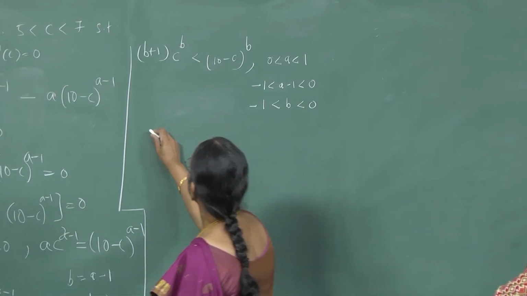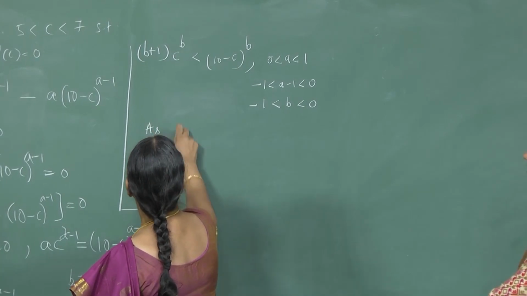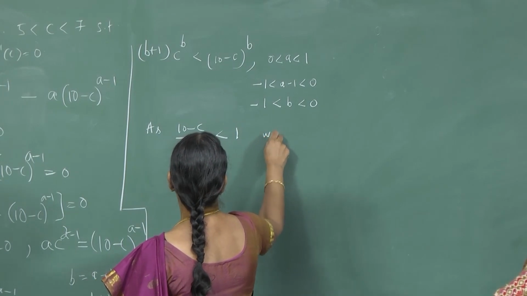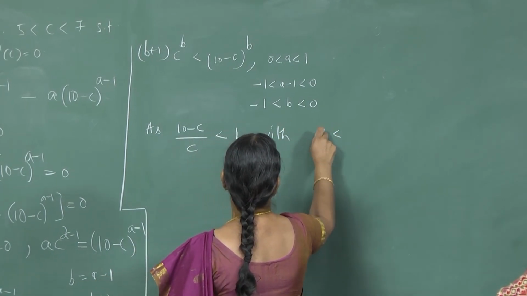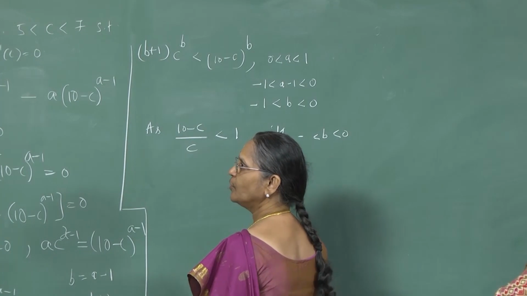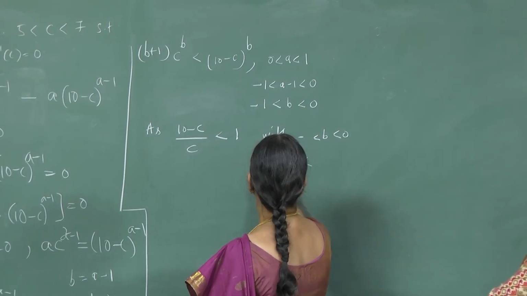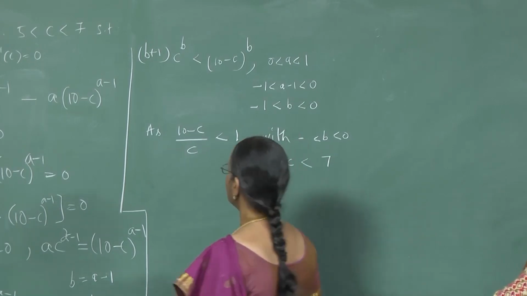So as 10 minus c by c is less than 1, with b lying between minus 1 and 0, and remember c lies between 5 and 7, 10 minus c by c to the power of b is greater than 1 for minus 1 less than b less than 0.